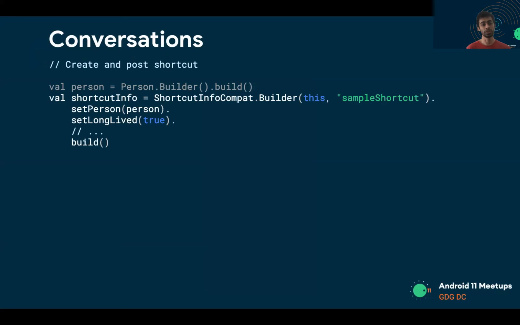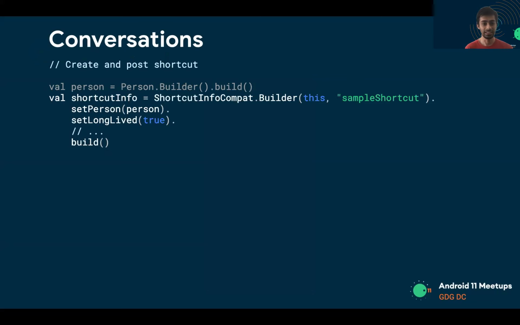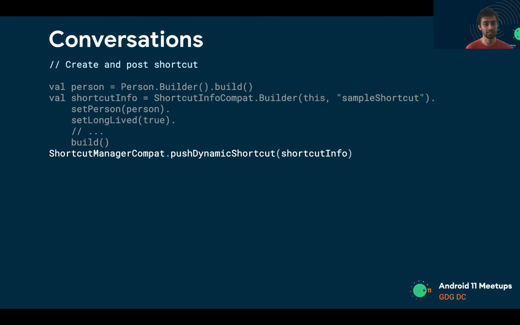It's built on top of the notification API, so you'll notice similar builder patterns. You start off by defining a person, and give it some information about how the notification or how the conversation should be created. It needs to be long-lived because if the underlying application dies, it still needs to be visible and continue to receive updates. Then you'll use the shortcut manager to push that.